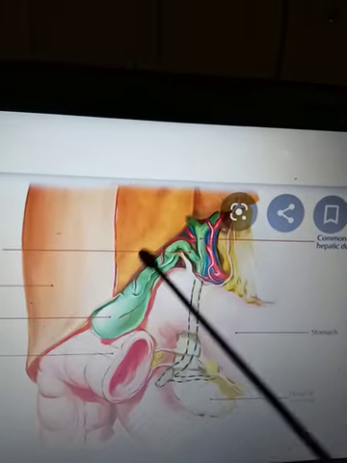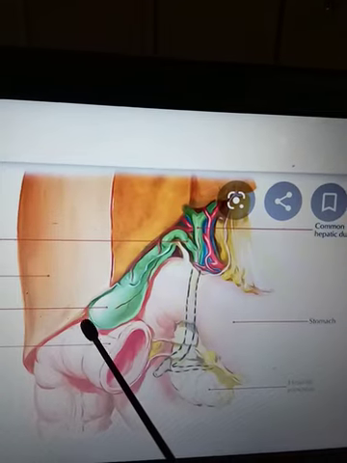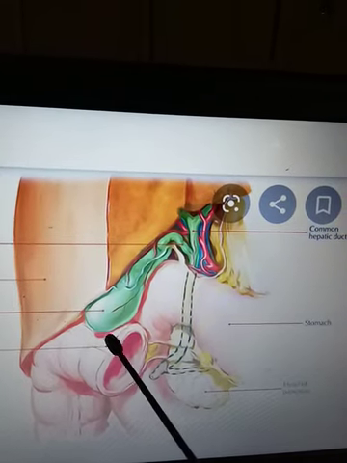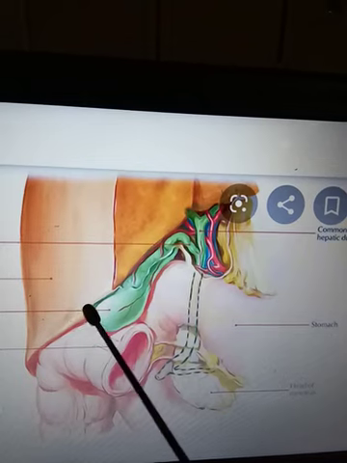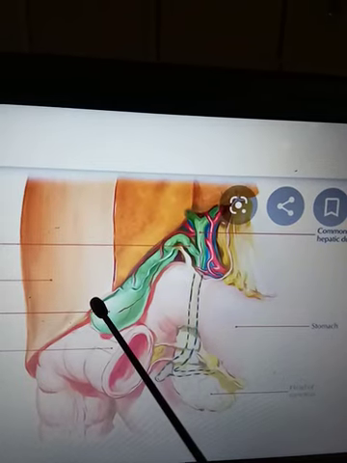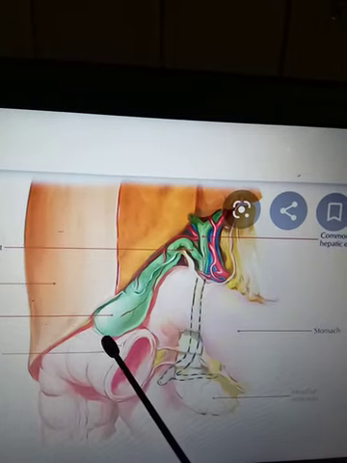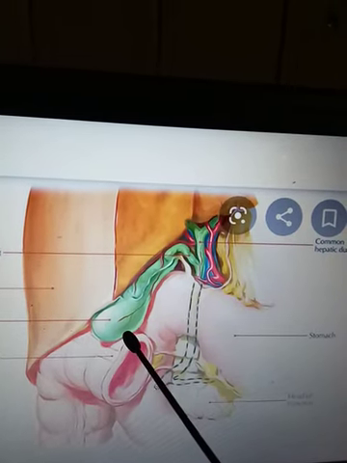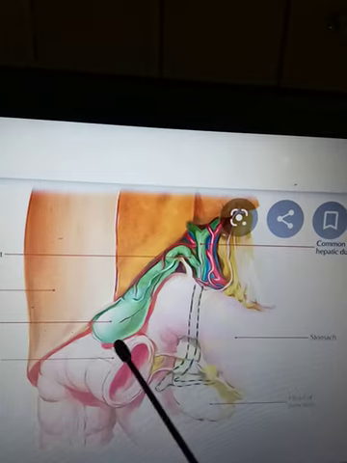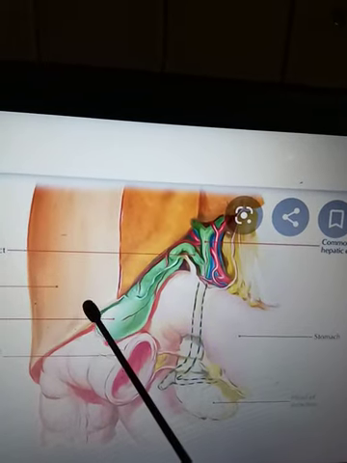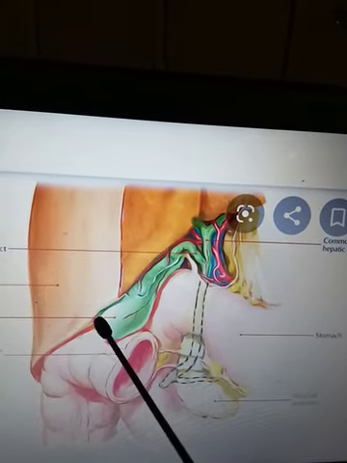See again for the relations. This is the fundus of the gallbladder, and this fundus is just beyond the inferior border of the liver. So anteriorly as well as posteriorly it is being surrounded by the peritoneum.